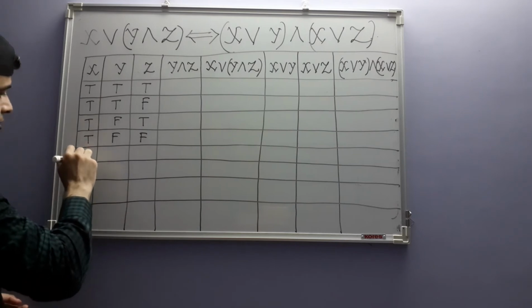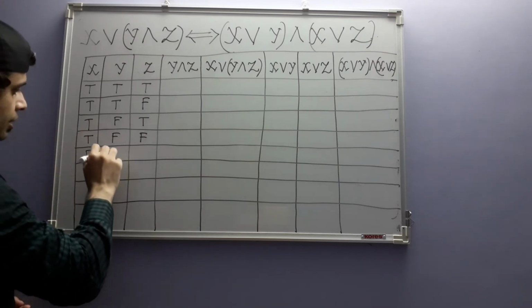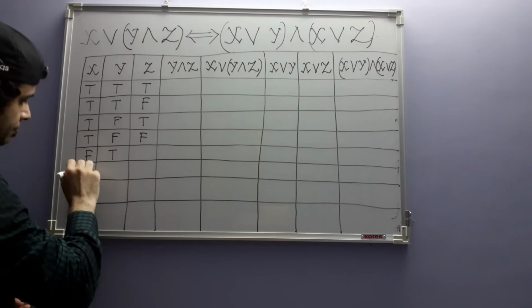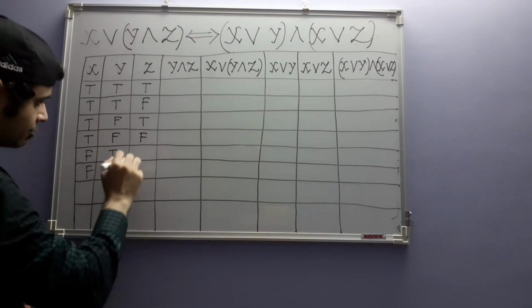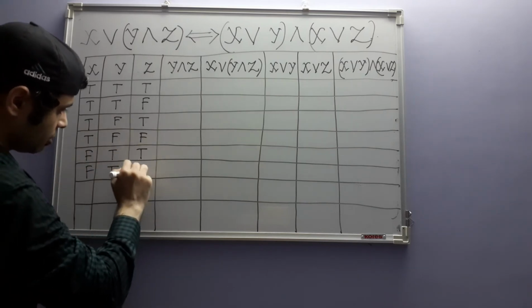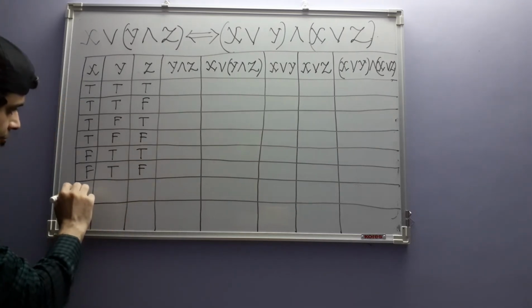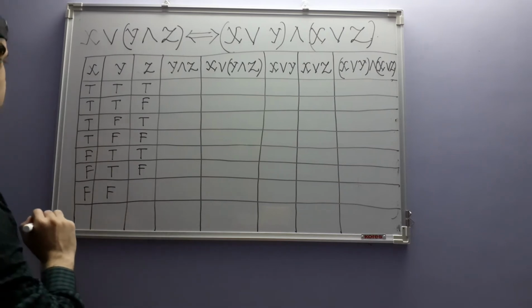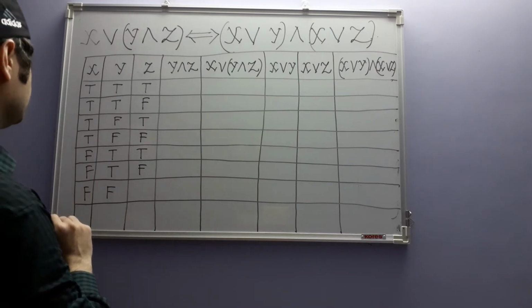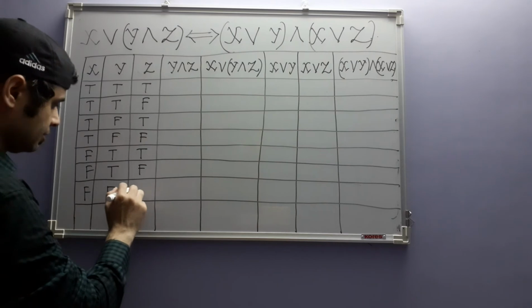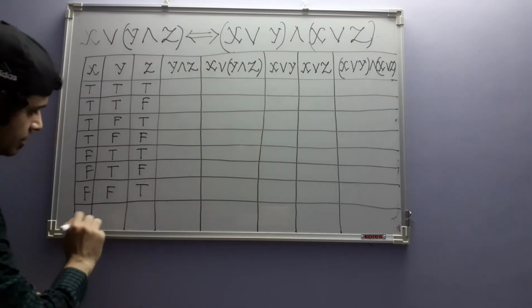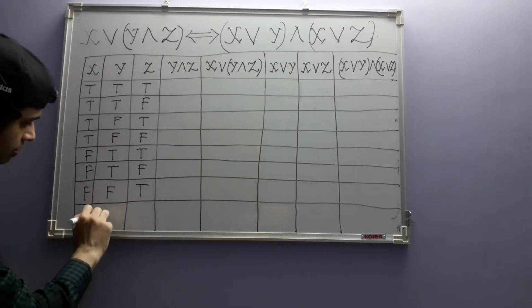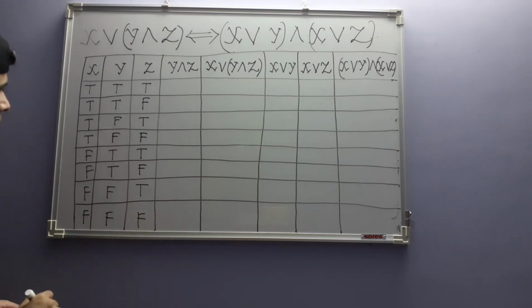And if X is false and Y is true, under that condition Z can be true or false. If both X and Y are false, have I captured all the things? T, F, F, T, F, T, yeah. Then under that condition Z can be true or false. So these are 8 possibilities. 1, 2, 3, 4, 5, 6, 7, 8.